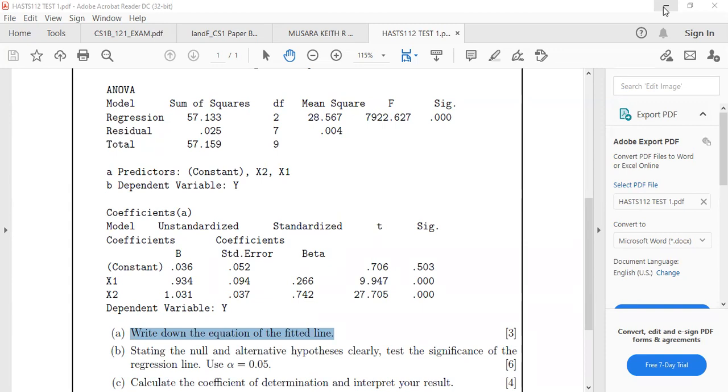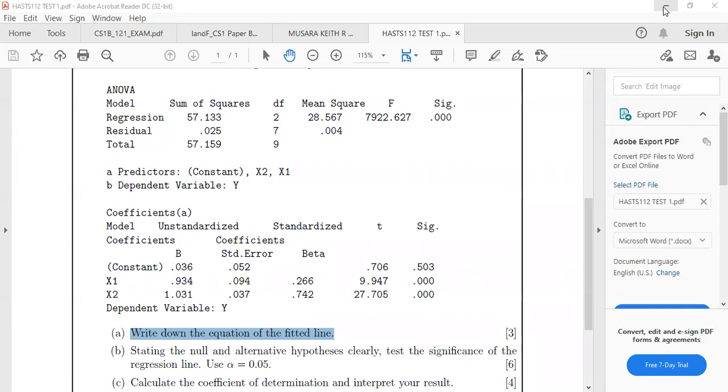So that's it. And then what about for beta 2, which is the coefficient of x2? 1.031.